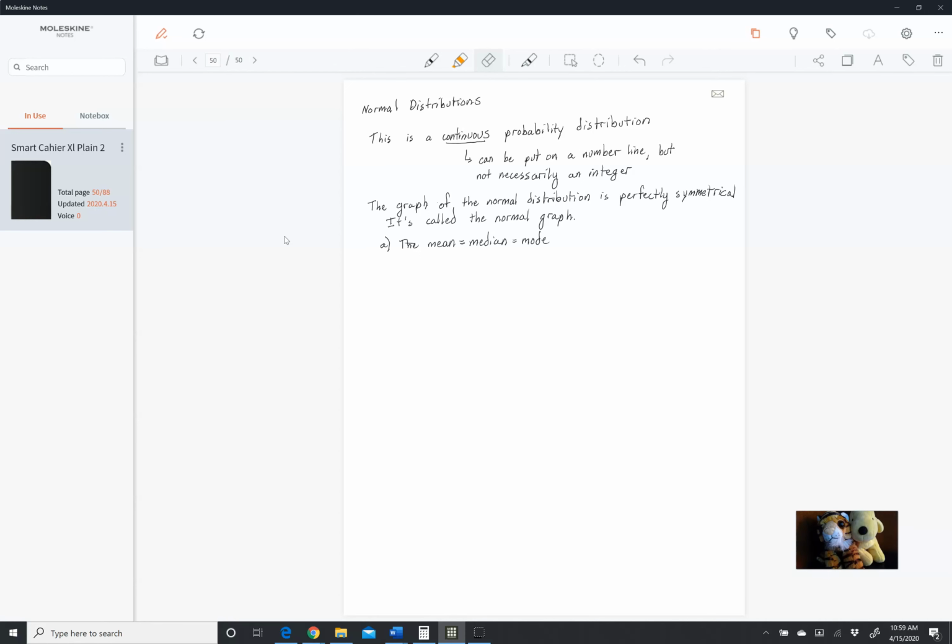So if you remember, skewed right means if something is skewed right, then the mean is greater than the median.